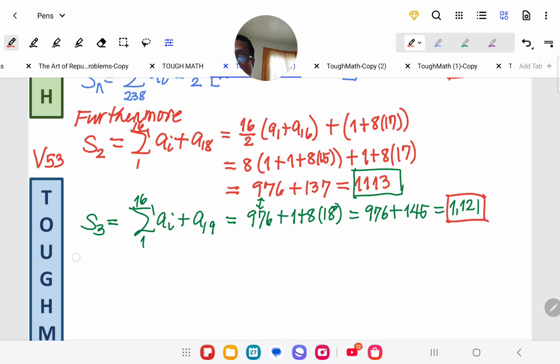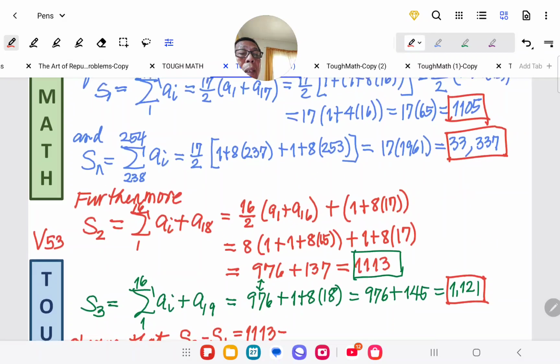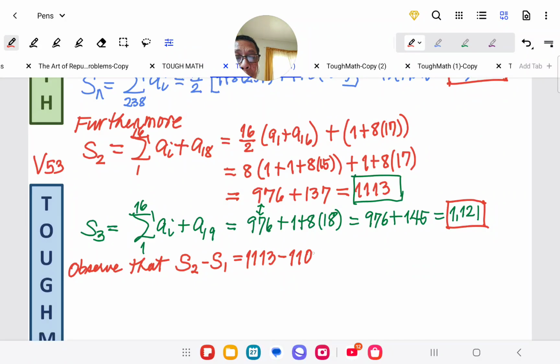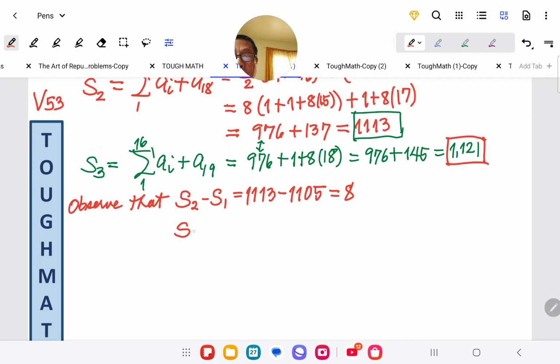Now, observe that S2 minus S1 equals 1113 minus 1105, and the difference is 8. Also, S3 minus S2 is equal to 1121 minus 1113, which is also 8.